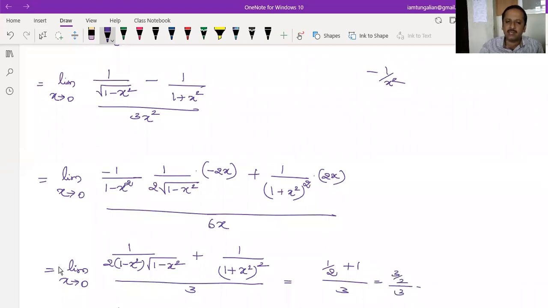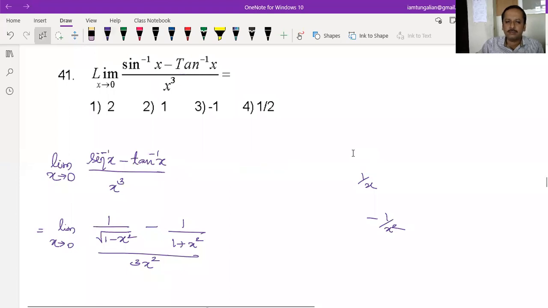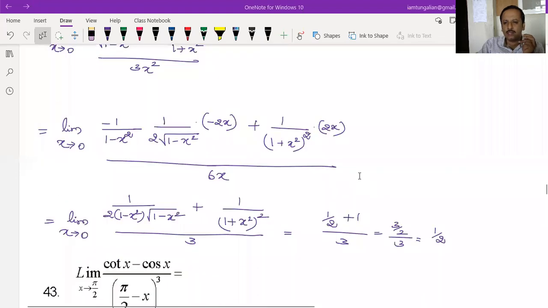So that is equal to 1 by 2. 1 by 2 is the correct answer, which is the fourth option. Okay, is that clear? I've used L'Hospital's rule twice.